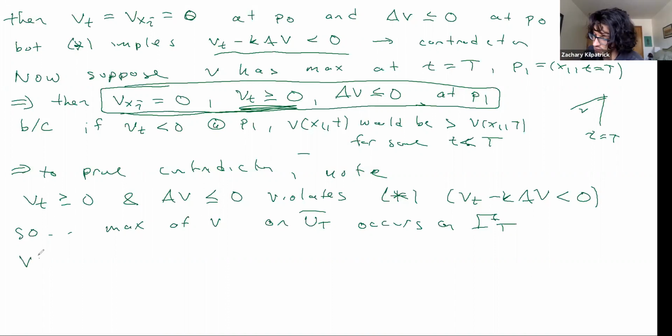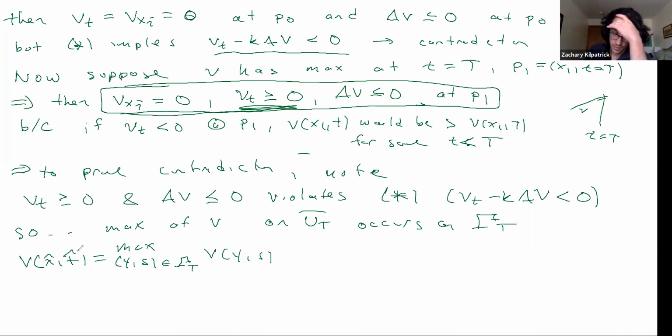So what we have is V of xt is equal to the max over, let's call this y and s in gamma sub t, of V of ys, okay? So let me call this, I'll put hats on both of these to distinguish them, okay?